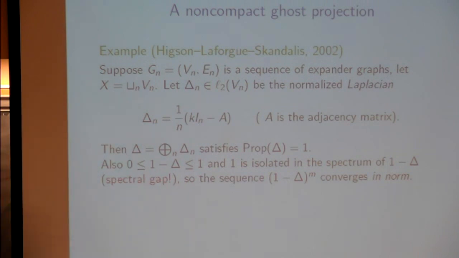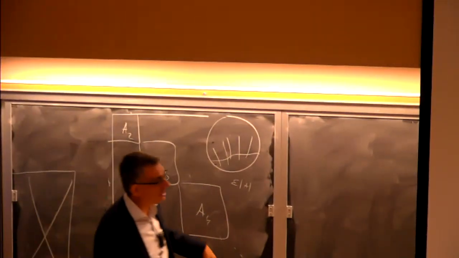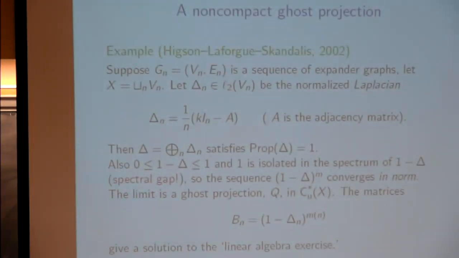And therefore, this converges to a projection. And the projection is the projection to the kernel of the Laplacian, which is exactly the projection to the constant functions, which is exactly these ANs. So my matrices Bn are really given by sufficiently high powers of these.